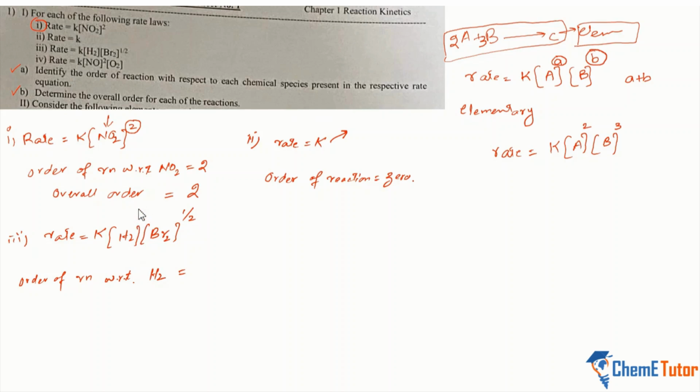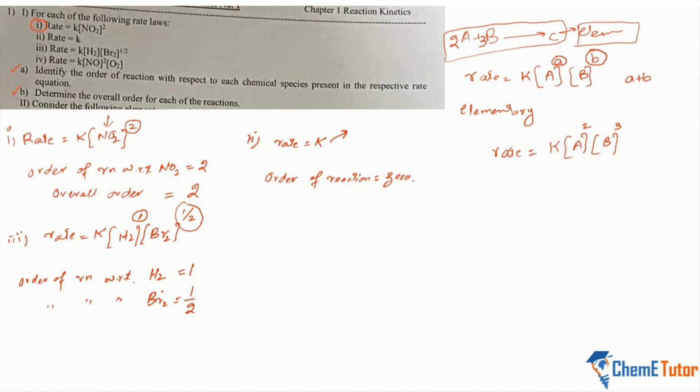If there is no power, the power is 1. So the order of reaction with respect to H2 will be 1, and the order of reaction with respect to Br2, what is its power? Its power is 1 by 2.